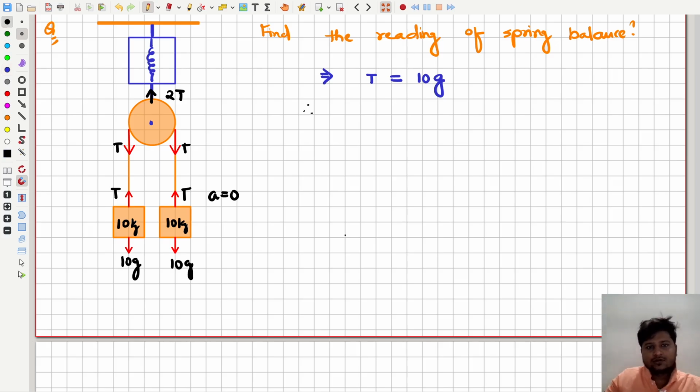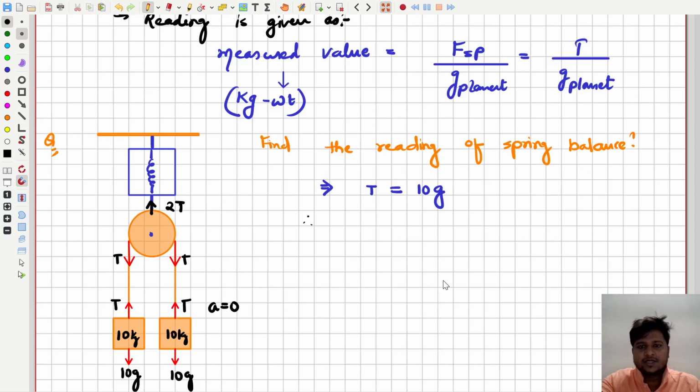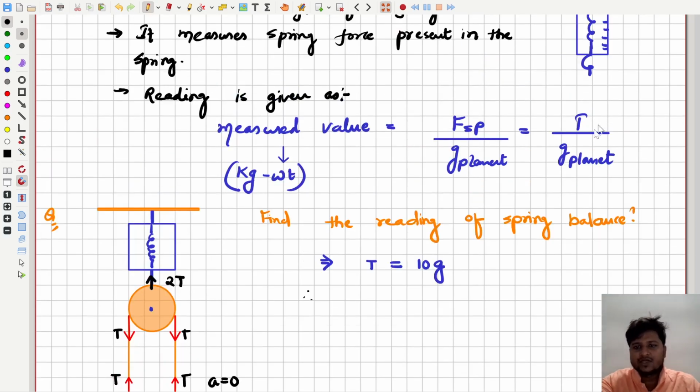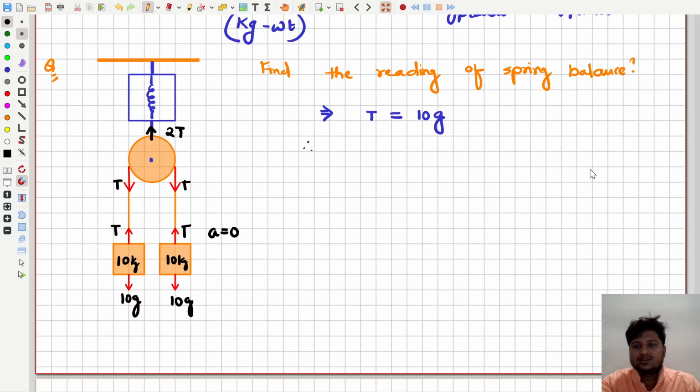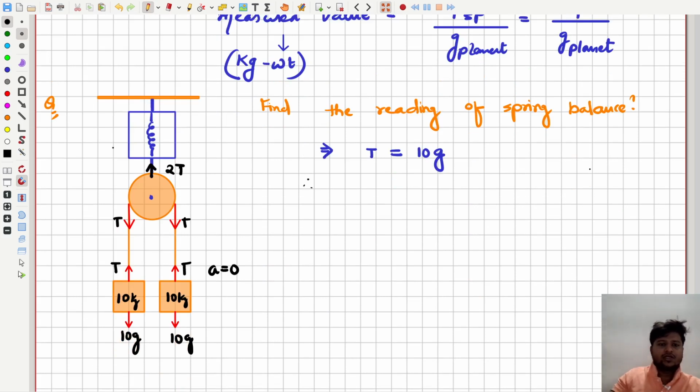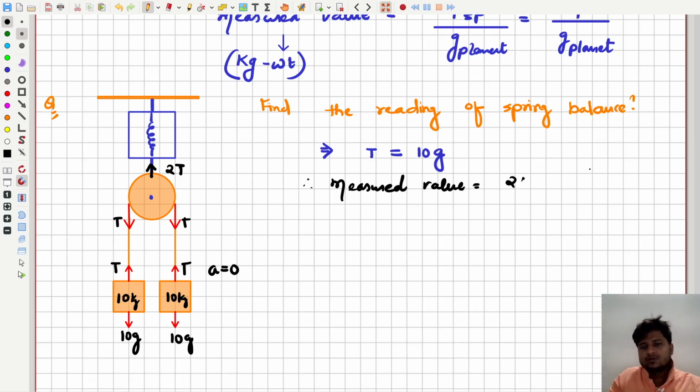So therefore, what is the reading of the spring balance? What is written? Measured value is T by g of the planet. So here net tension is 2T. So measured value I'll write as 2T by g, and its SI unit will be written as kg weight.